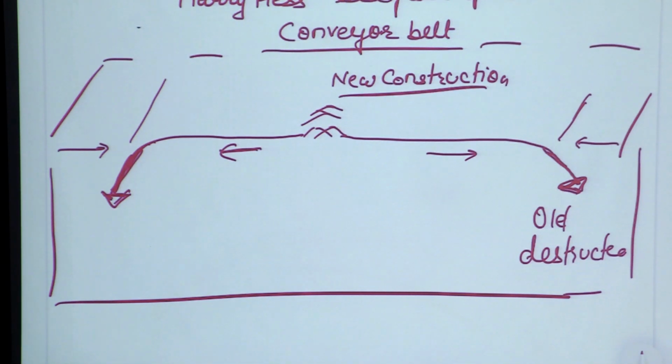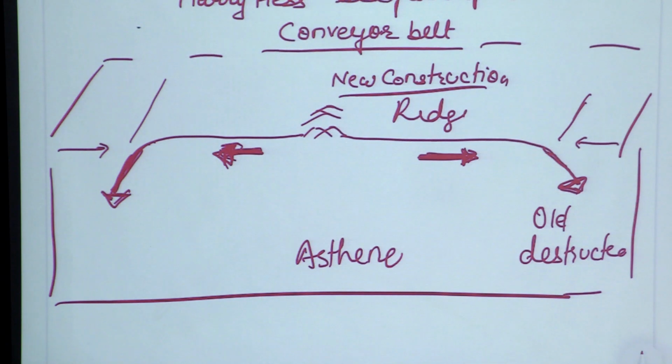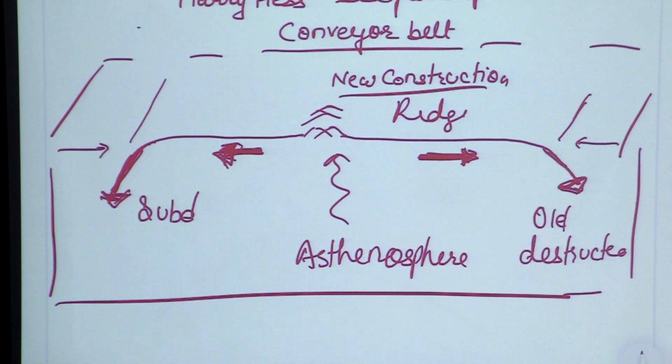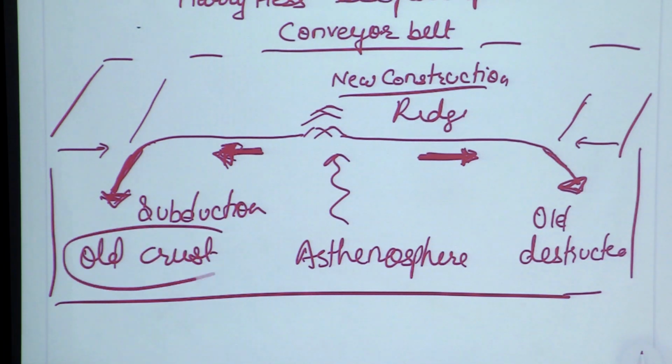So this is new construction ridge. Active divergence is taking place here from asthenosphere. Magma is rising up. At subduction, old crust is getting destructed.